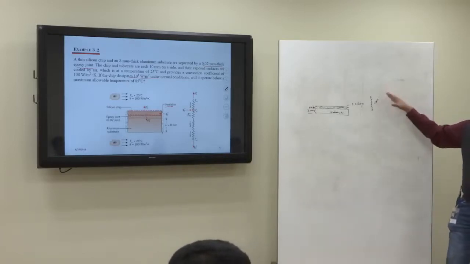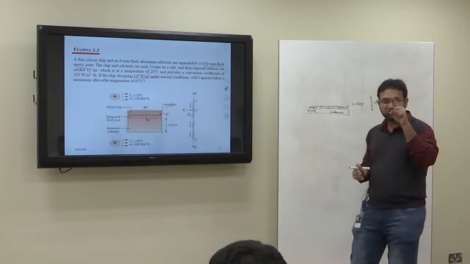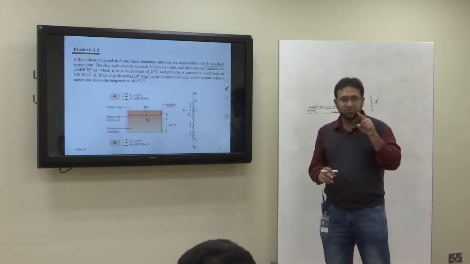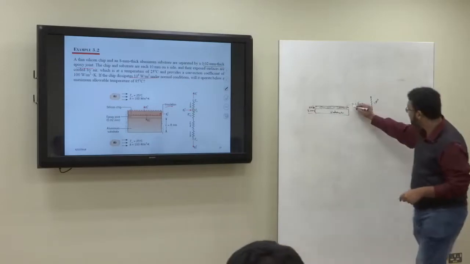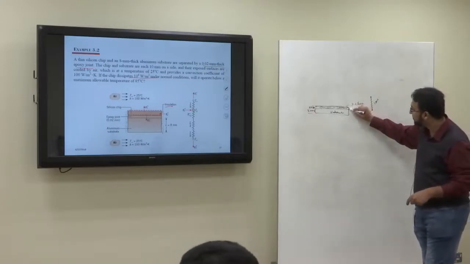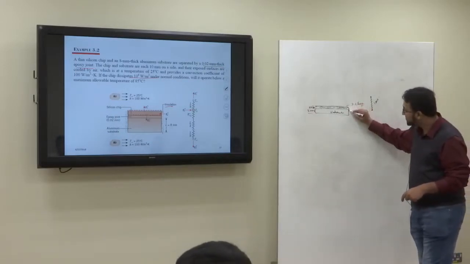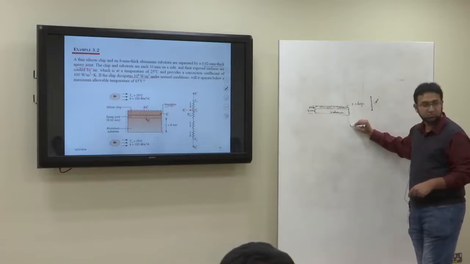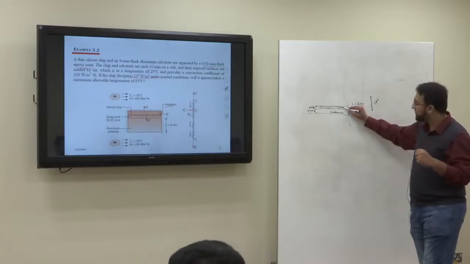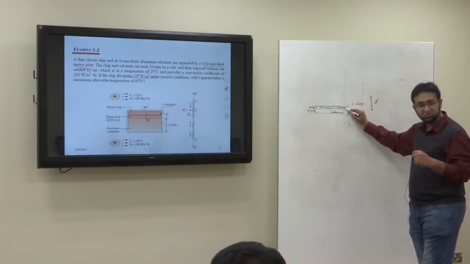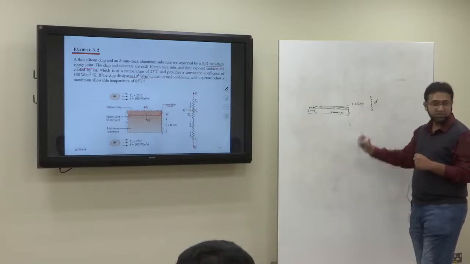But when it goes down, it will first pass through the epoxy joint, then pass through the substrate, then go out. So how many resistances below? Three: one for the epoxy joint, one for the substrate, one for the convective.